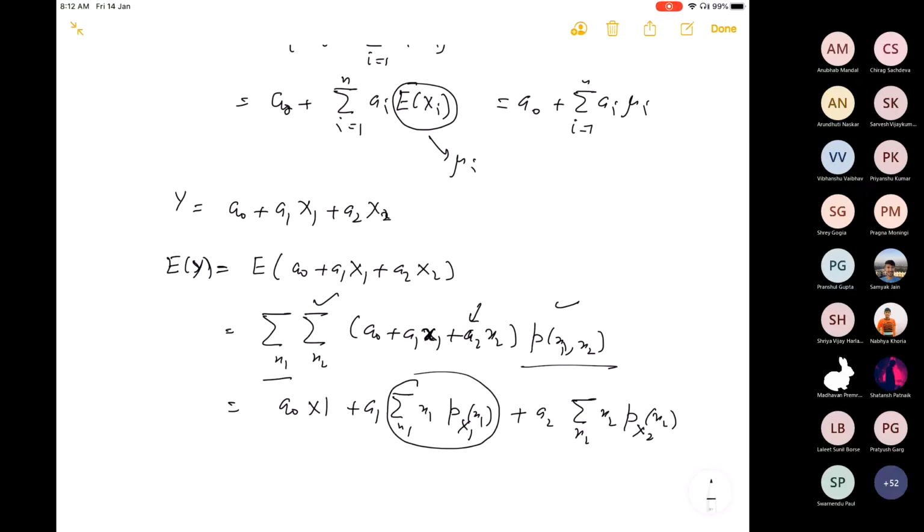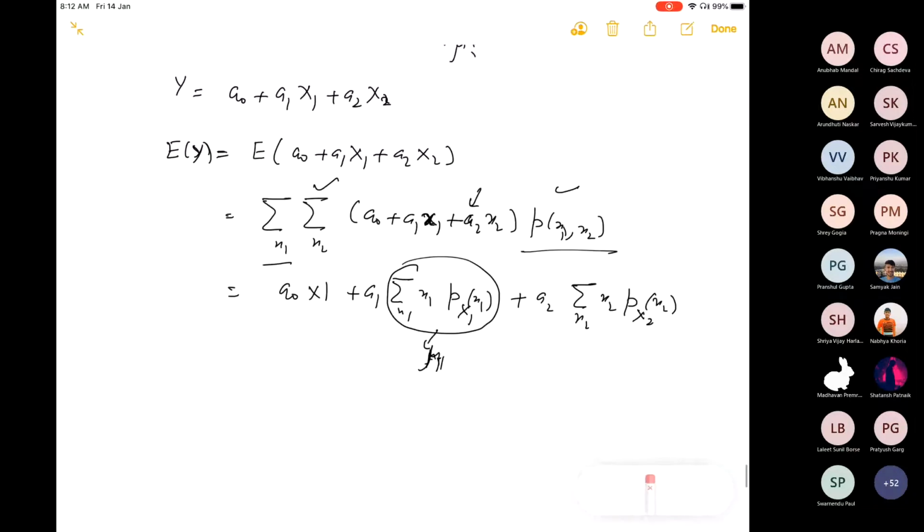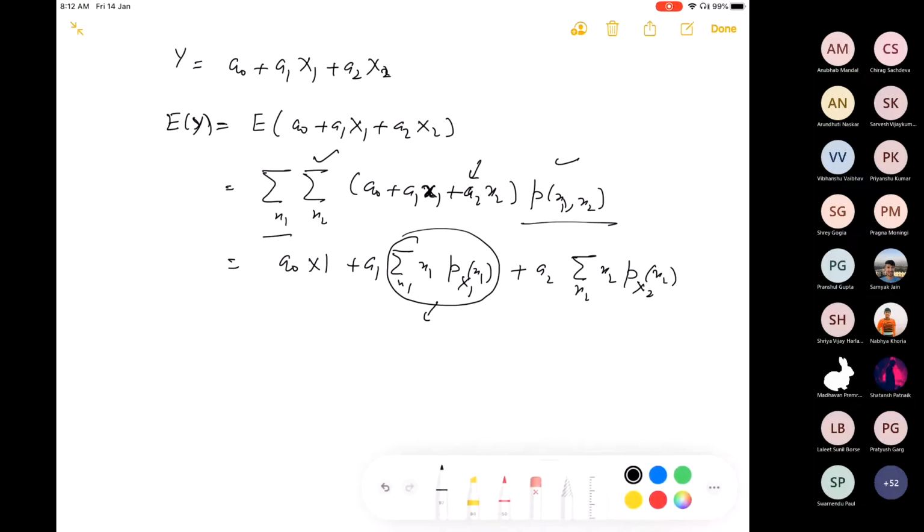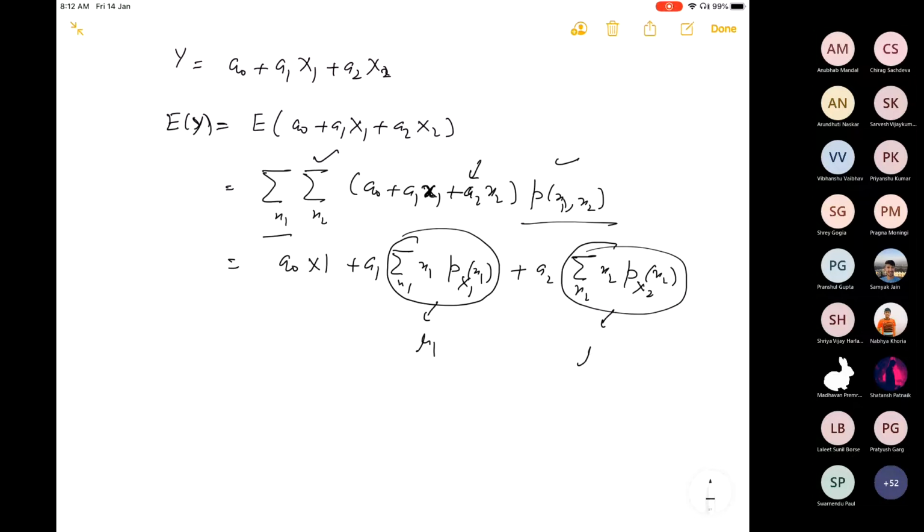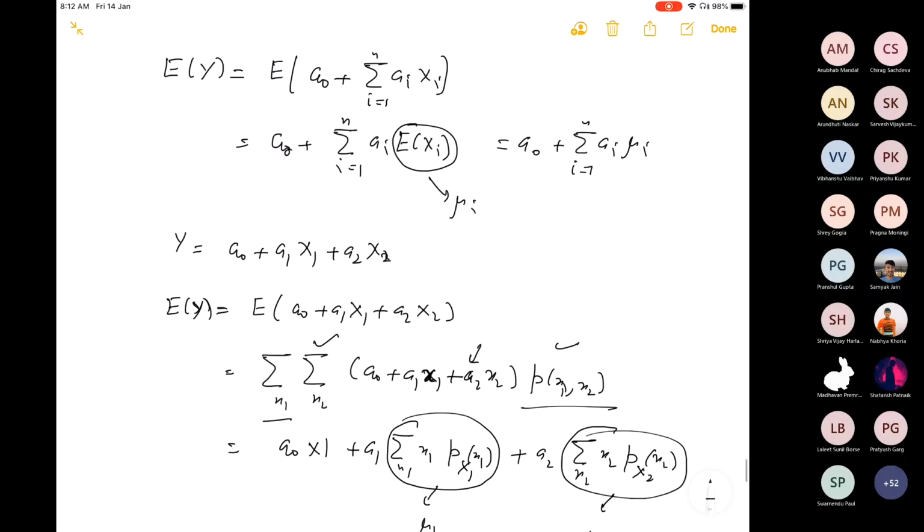So this will be the definition of mean of x1, and this is the definition of mean of x2. So therefore, this will be a naught plus a1 mu1 plus a2 mu2.